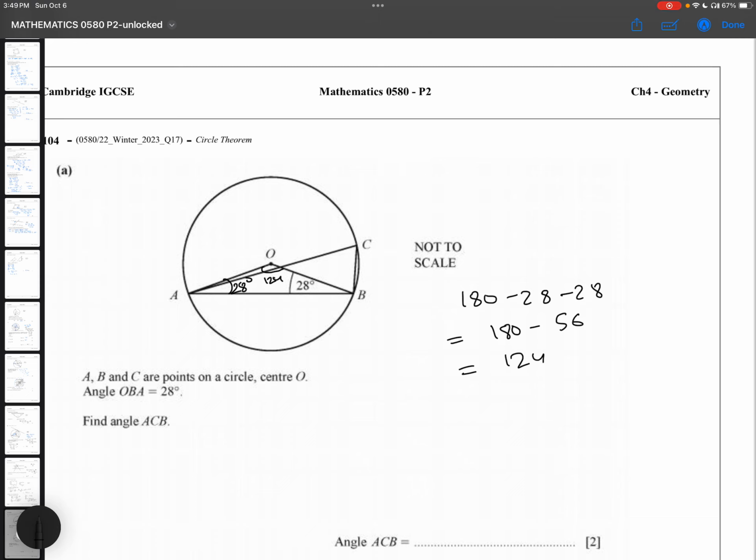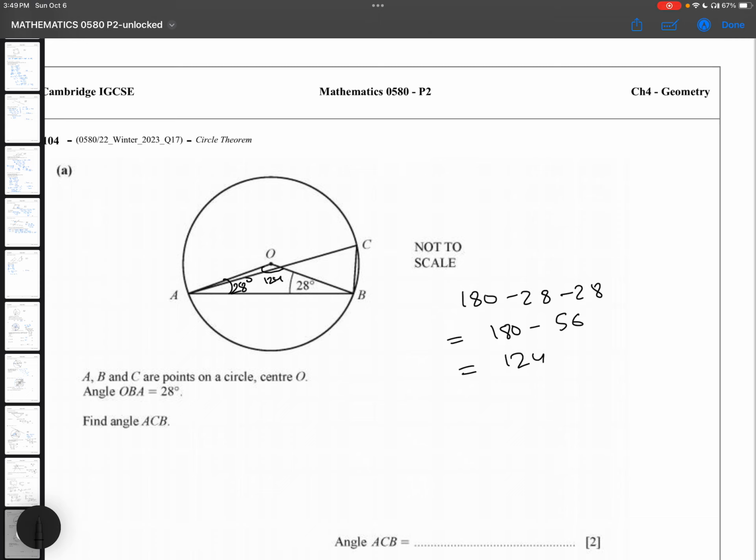Now this angle ACB is subtended by the chord AB on the circumference, and the angle AOB is also subtended by the chord AB at the center of the circle.